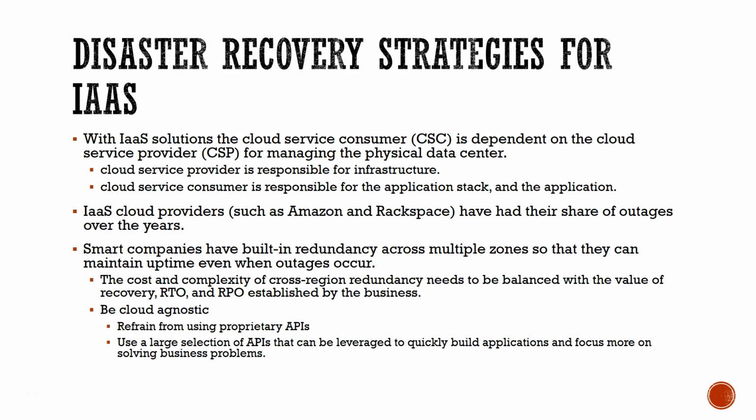So if you have redundancy built in, then an outage is going to simply shift the services to a different location, to a different zone, if you will, but the services will continue to run and the business will continue to operate. The cost and the complexity of cross-region redundancy has to be balanced with the value of the recovery, those 3 objectives: value of recovery, recovery time objective, and recovery point objective that has been established by the business.